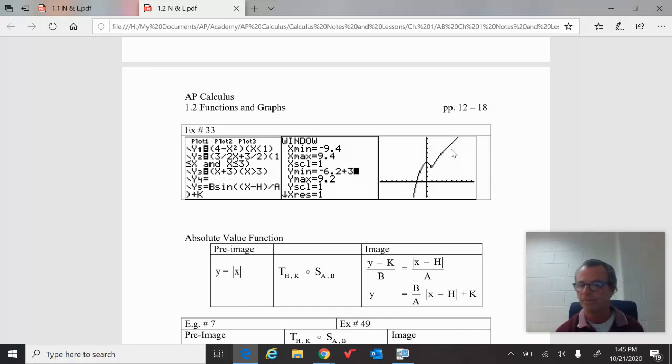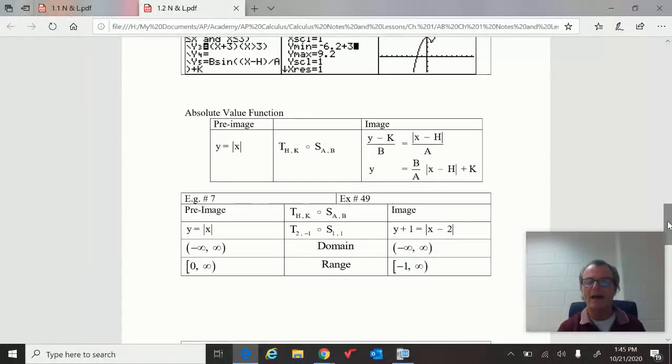Absolute value function. So the preimage is y equals the absolute value of x. Now what do we have here? We have the transformation. This is a slide of h units to the right, up k, following a scale change of A, B, where the A and the H affect the input, the B and the K affect the output.